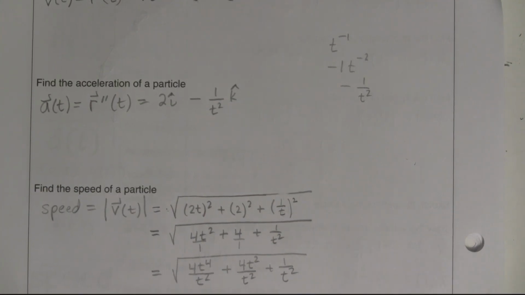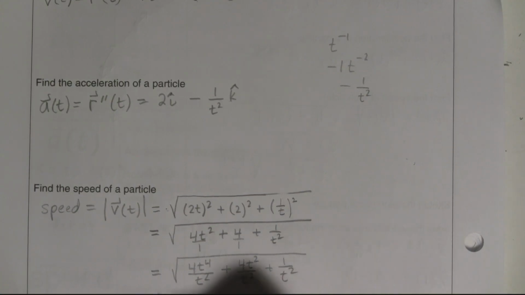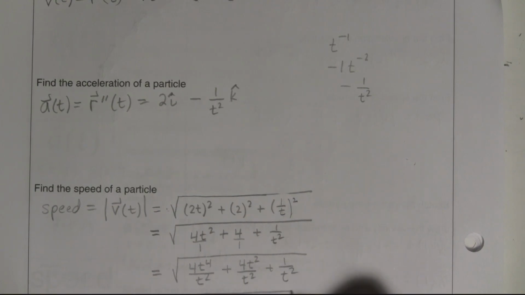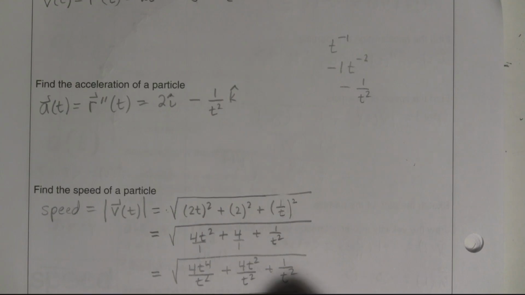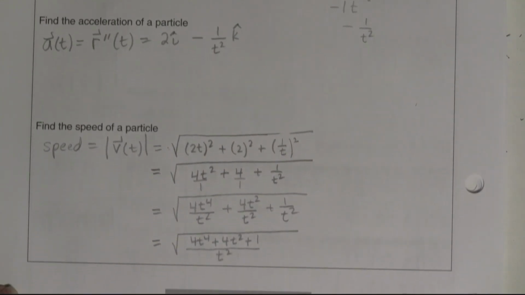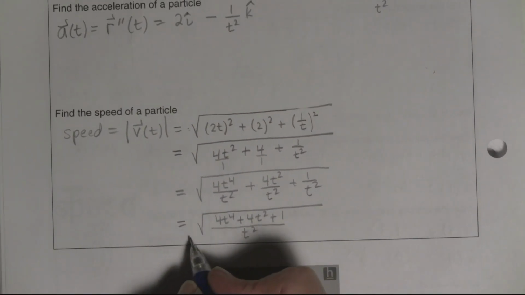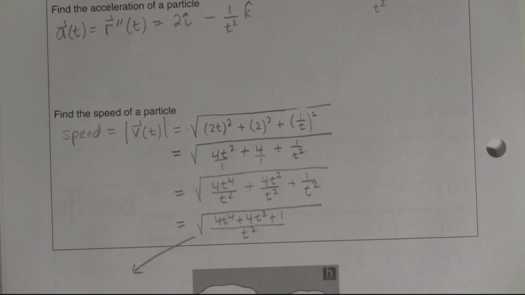So here we're going to get the square root of 4t to the 4th plus 4t to the 2nd plus 1, divided by t to the 2nd. I'm out of room.